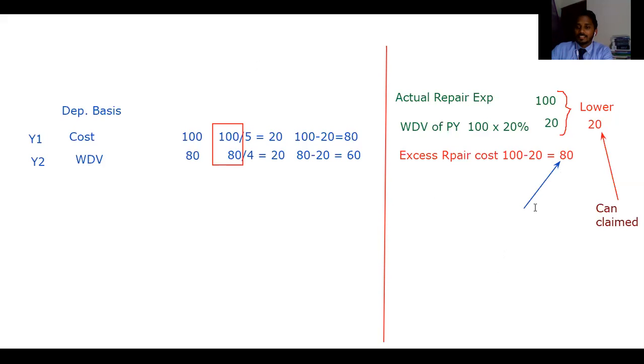This 80 is the excess repair cost. The actual repair cost is 100. As per the rule, the allowable repair cost is 20 million. Then we have excess repair cost of 80 million. Then what do we have to do with this 80 million? Anyone in this forum? The excess repair cost, what do we have to do?